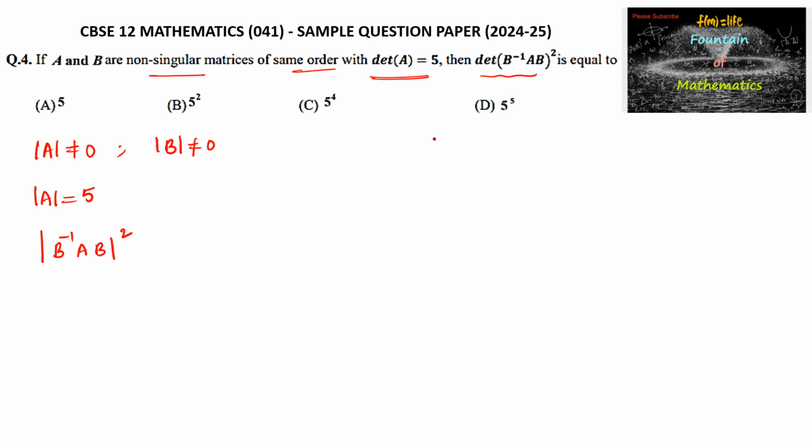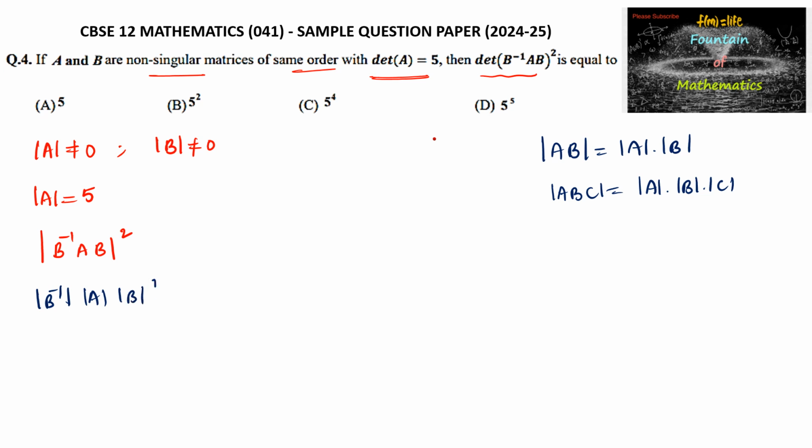We have the property determinant of AB is equal to determinant of A into determinant of B. Similarly, determinant of ABC, if A, B, C are matrices of the same order, is determinant of A, determinant of B into determinant of C. So here we can write determinant of B inverse into determinant of A and determinant of B whole square.